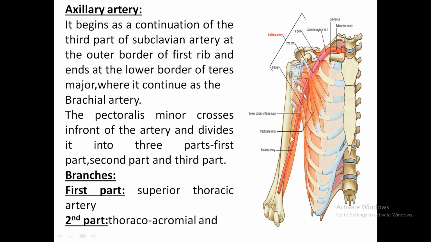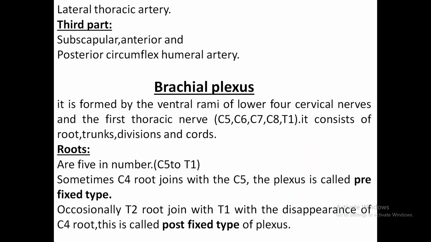The pectoralis minor muscle crosses in front of the artery and divides it into three parts: first part, second part, and third part. Branches of the artery: from the first part arises the superior thoracic artery; from the second part, the thoracoacromial and lateral thoracic arteries; from the third part, the subscapular, anterior and posterior circumflex humeral arteries.